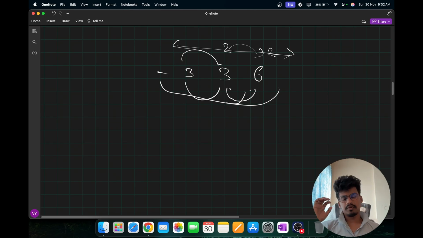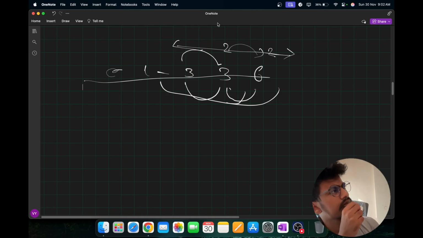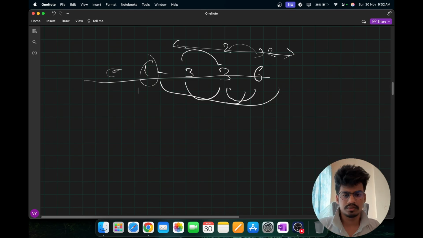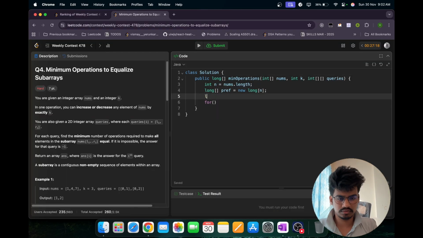But where will I do this part? Because there will be something in the start, and if I just calculate the prefix, okay, I can remove this, right? Let's just calculate the difference.